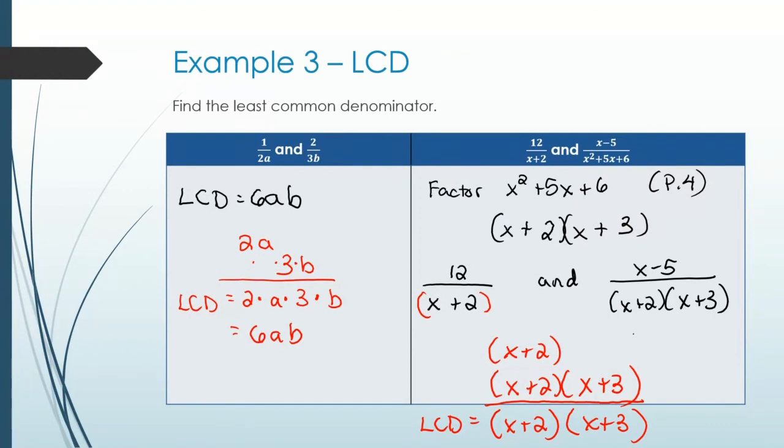So that's going to be my common denominator. In the second example, the second fraction already has what the common denominator would be. If we wanted to add or subtract these, we would have to build the first fraction up to have that common denominator. But we're not going to do that just yet.